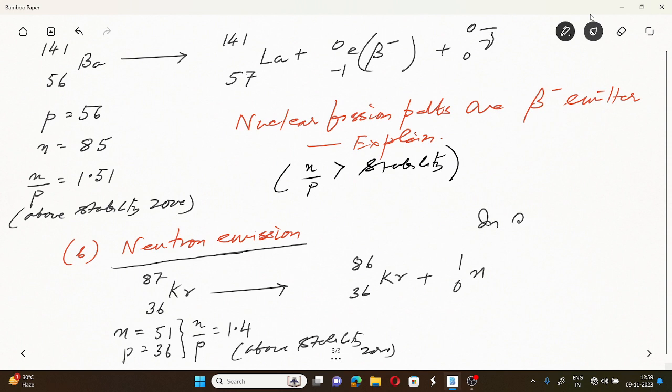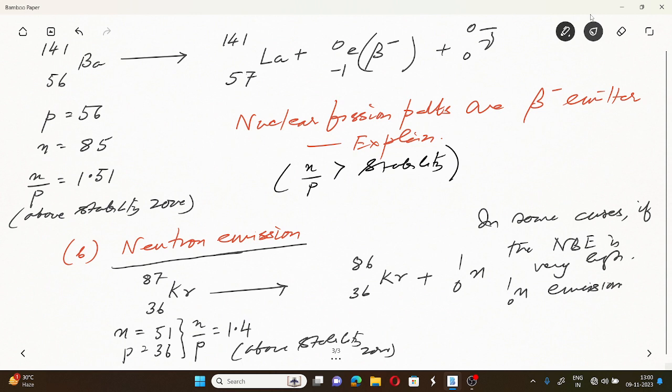but in some cases, if the nuclear binding energy is very high, a neutron emission may occur.